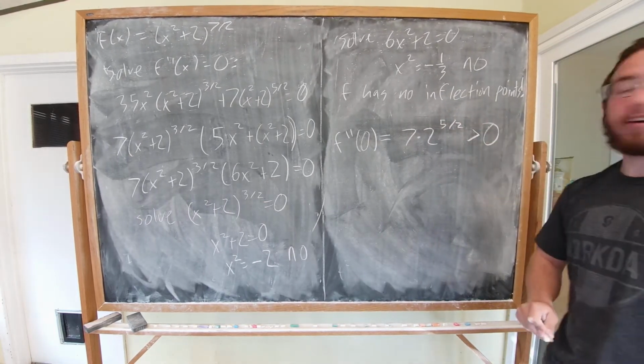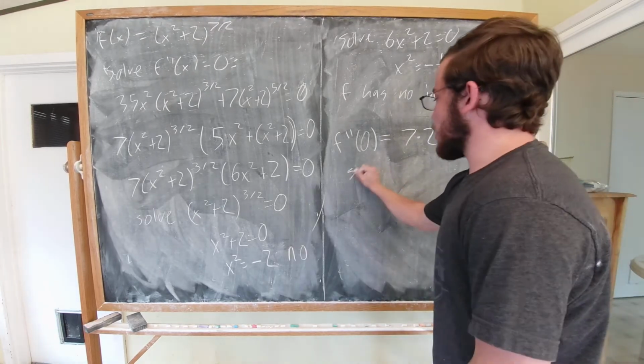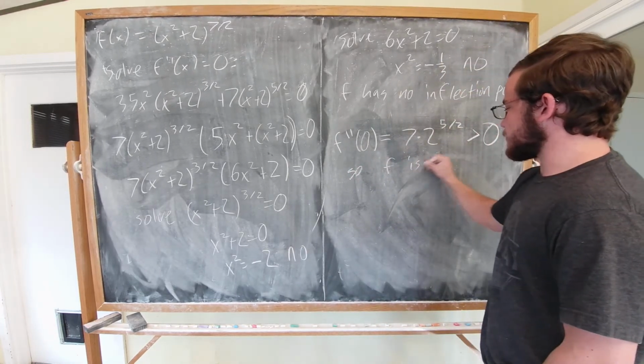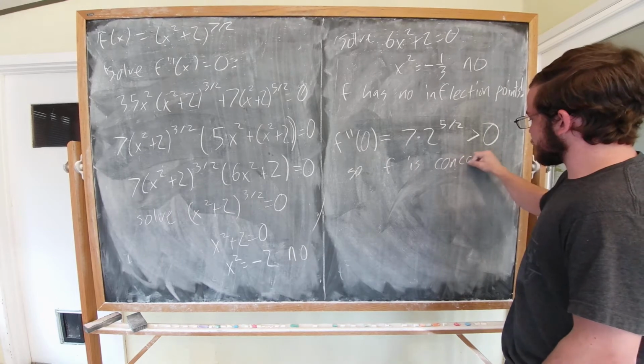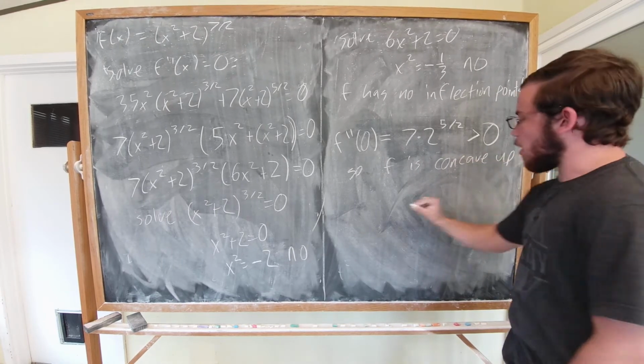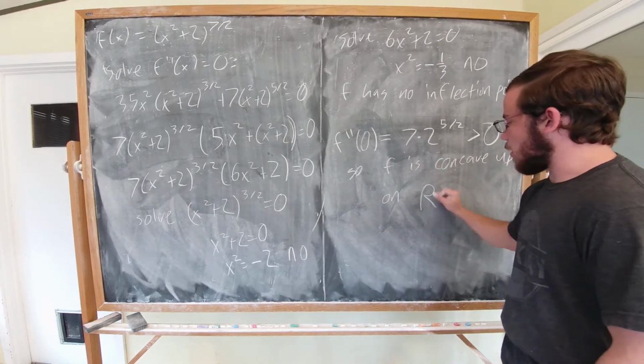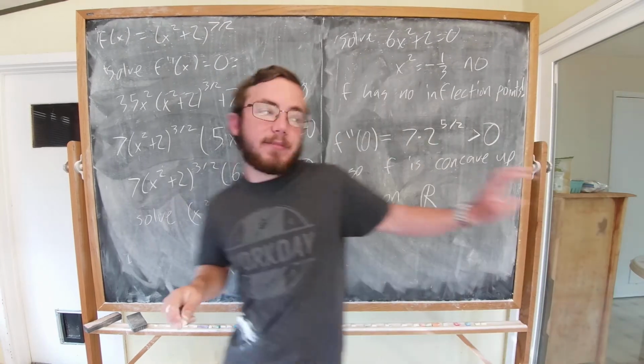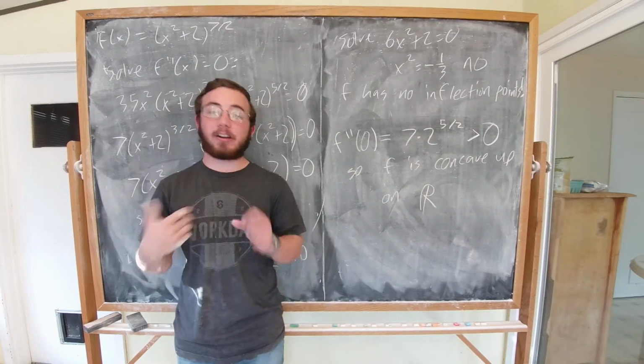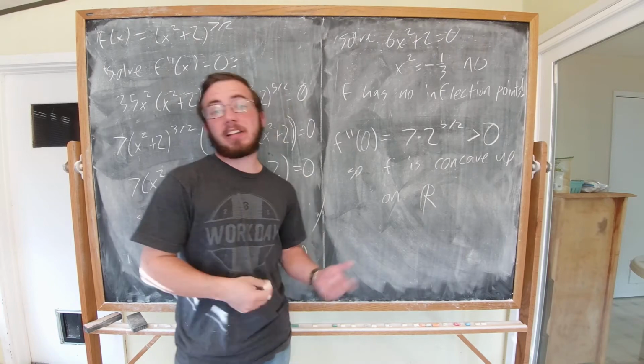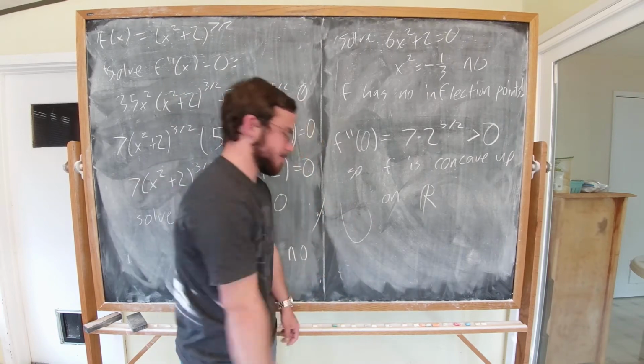That's going to be strictly greater than 0. So, f is concave up on R. Everywhere. Our function is going to be concave upwards. That's cool. It means the function looks something like that.